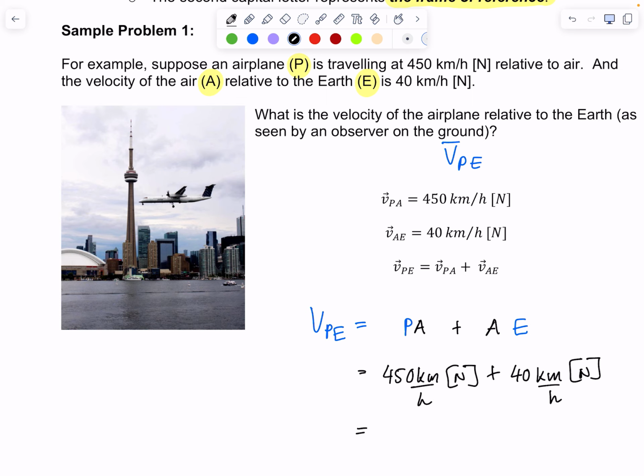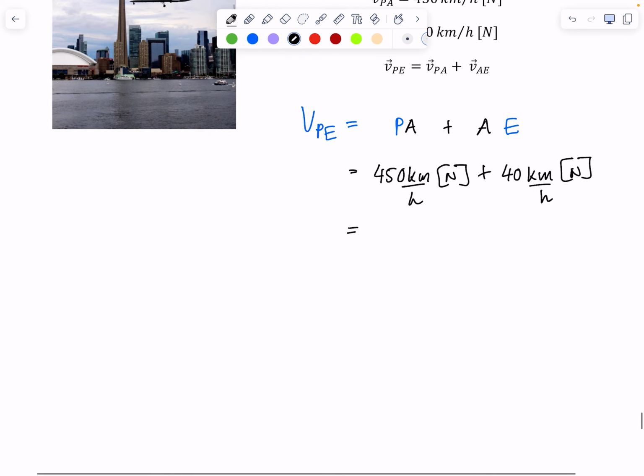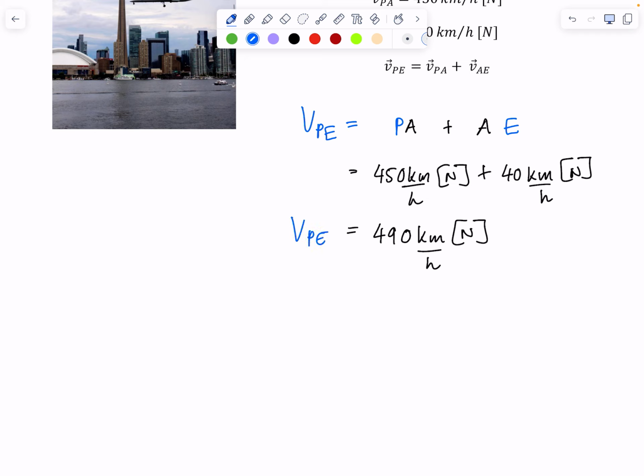These are collinear, same direction vectors. So we can add them together. We get 490 kilometers per hour north. So the velocity of the plane relative to the Earth is 490 kilometers per hour north. If you were observing the plane from the Earth, that's the speed it would appear to you.